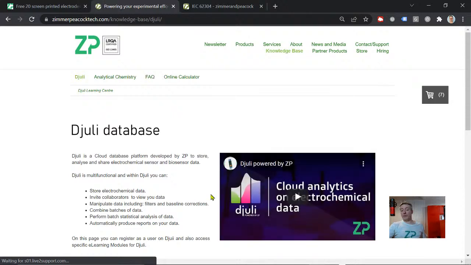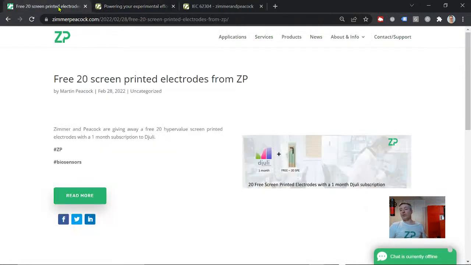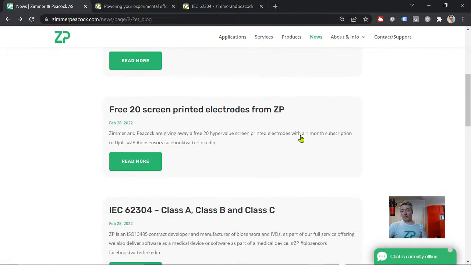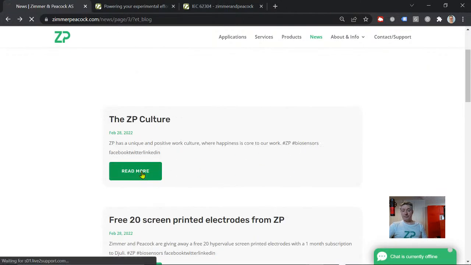But what we're doing with the subscriptions is actually giving away free hardware and free screen printed electrodes. So essentially people are paying no more than they would have normally, except they get the Julie license for it. So it's an emphasis on Julie rather than on the screen printed electrodes themselves. We were happy to talk about that this week.